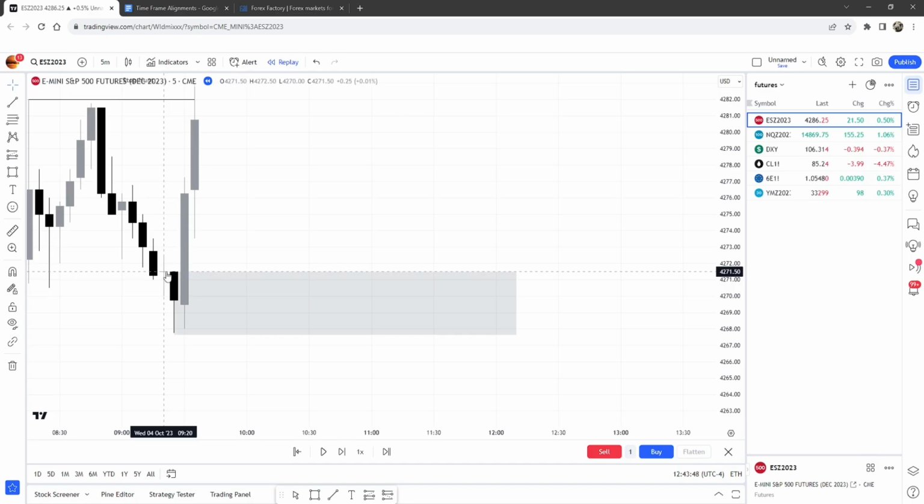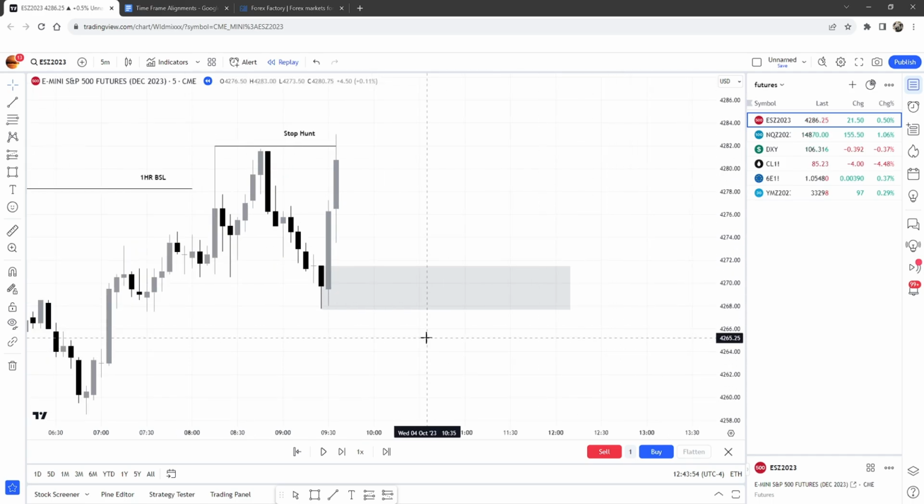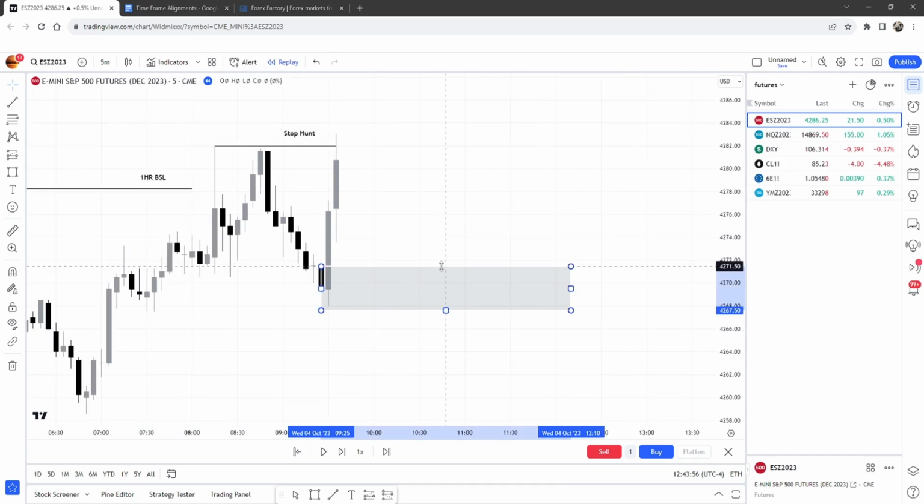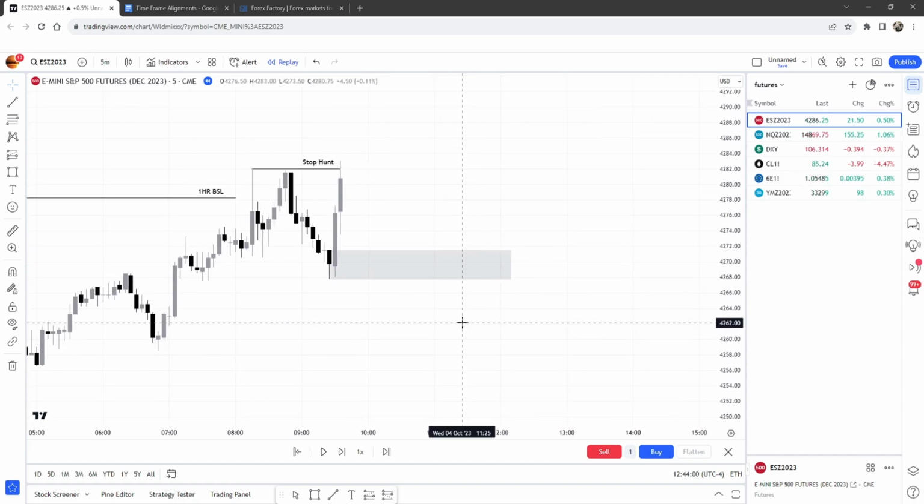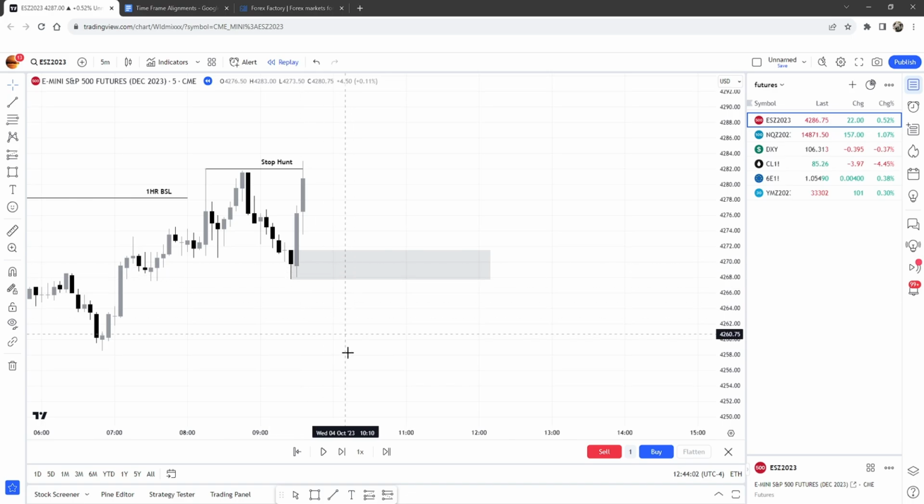The one before that is a green candle. I know mine are gray, but this is an up close, this is a down close. Since there is only one consecutive candle, we only use the one as the breaker block. Okay, so now we have it marked out, but we still need displacement and an FVG aligned with it, and it needs to be after 10 a.m. All right, so we're just waiting.